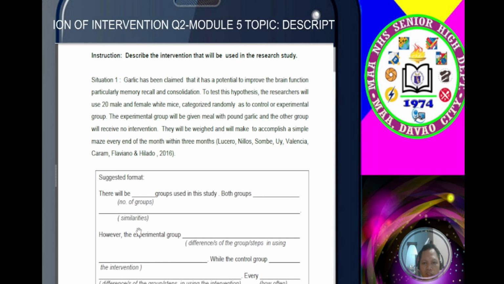To test this hypothesis, the researcher will use 20 male and female white mice, categorized randomly as control or experimental group. Then the experimental group will be given meal with pounded garlic, and the other will receive no intervention.